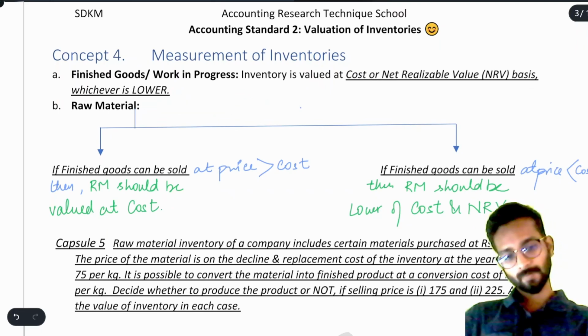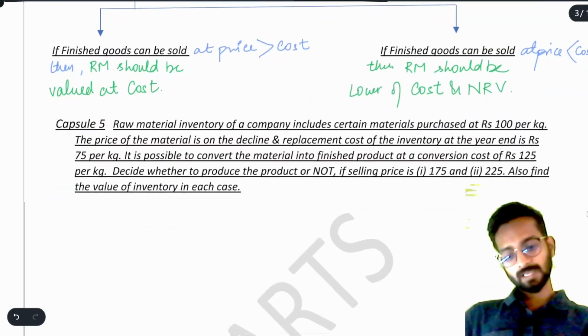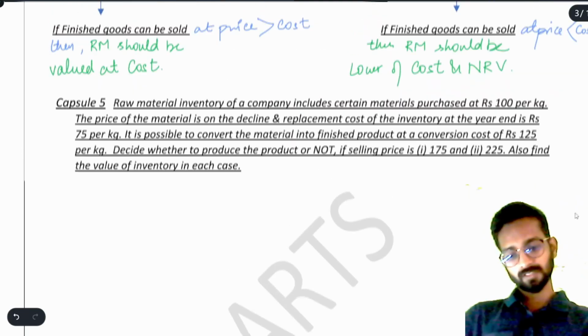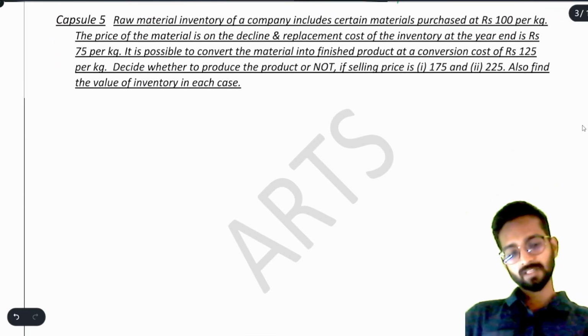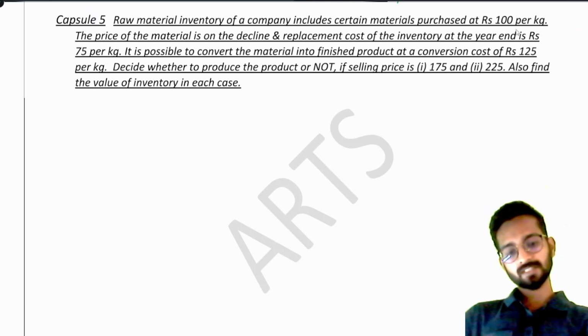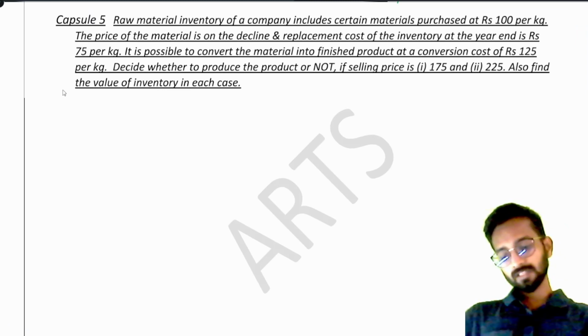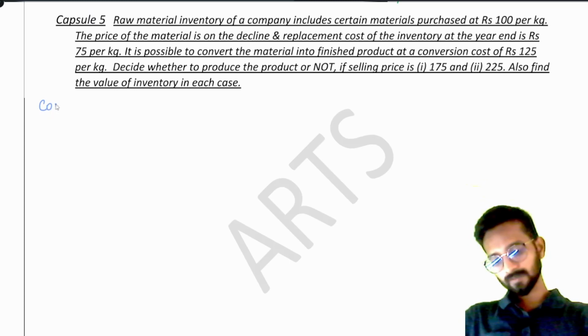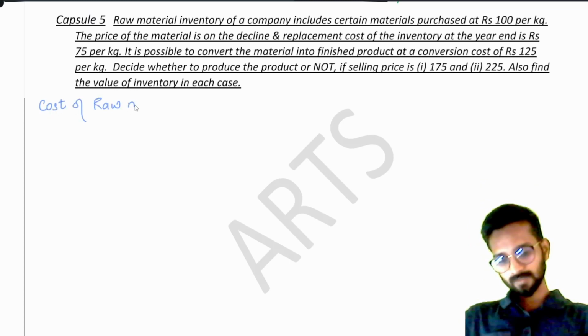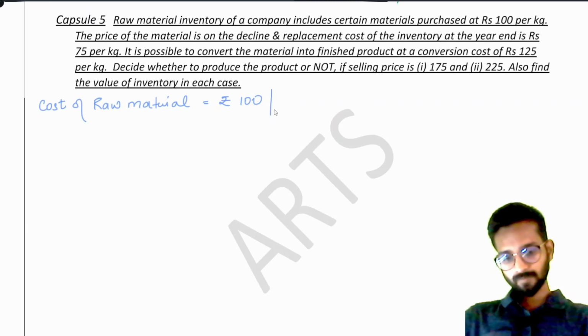See, capsule number 5, what does it say? Raw material inventory of a company includes certain material purchased at rupees 100 per kg. It means the cost of raw material is rupees 100 per kg.